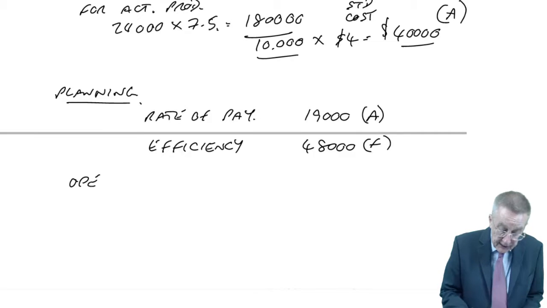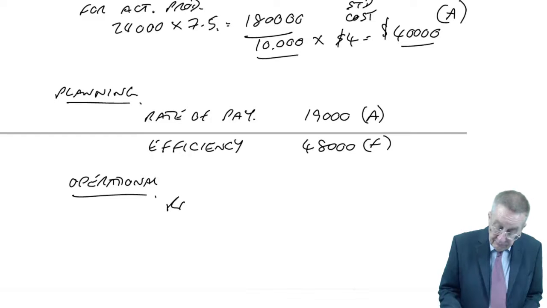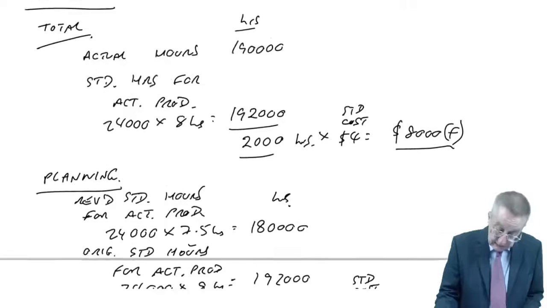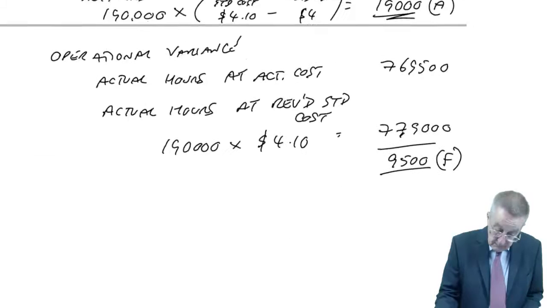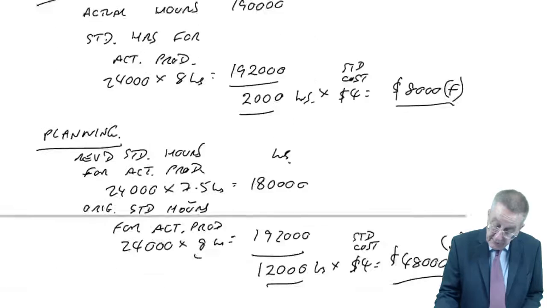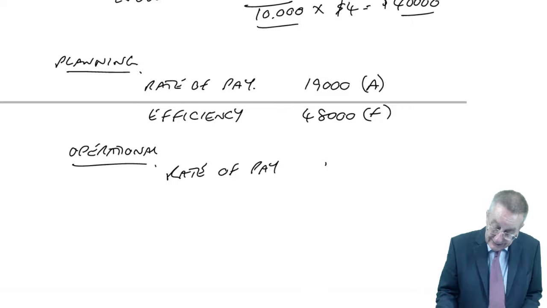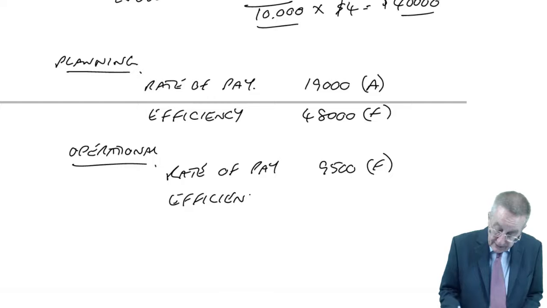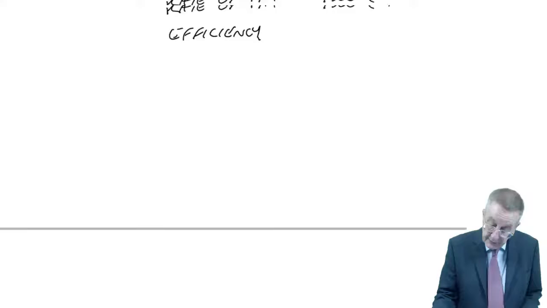As far as the operational variances are concerned, rate of pay £9,500 favourable, and finally efficiency, 40,000 adverse.